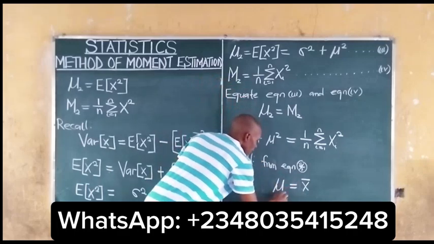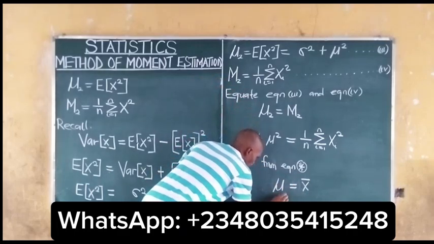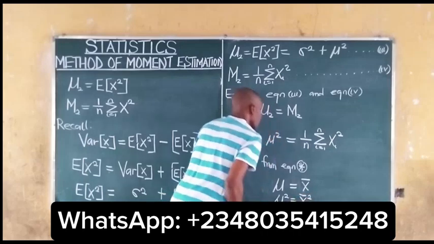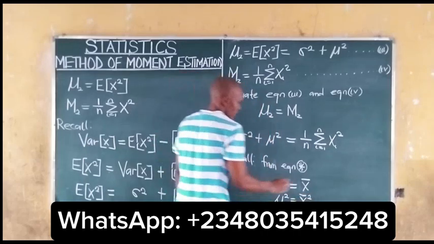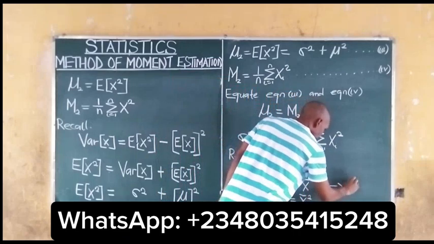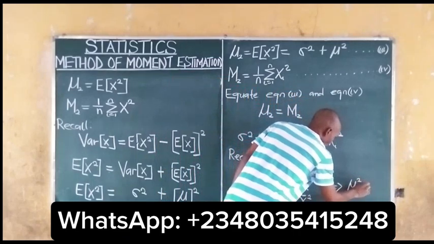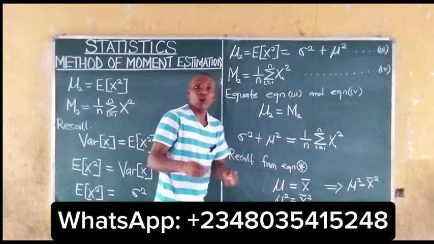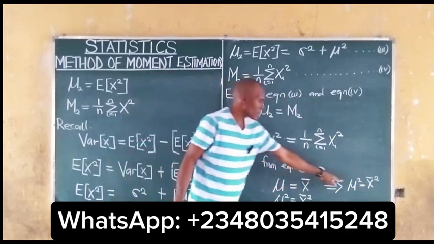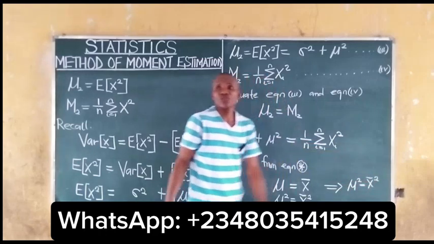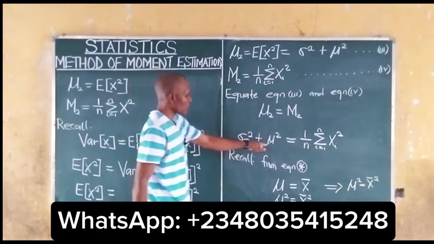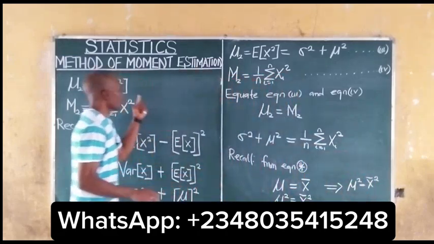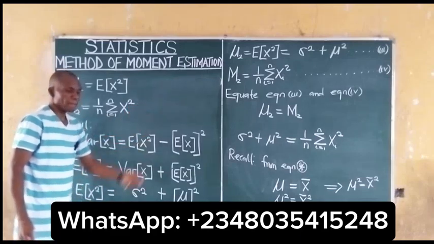It then implies that mu squared is equal to x bar squared. So anywhere we see mu squared, we can now put x bar squared. We do that in this other part of the board.